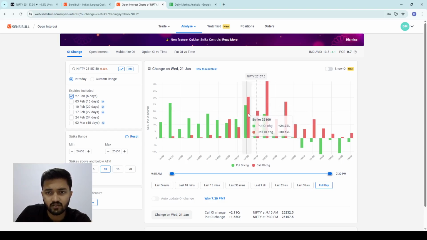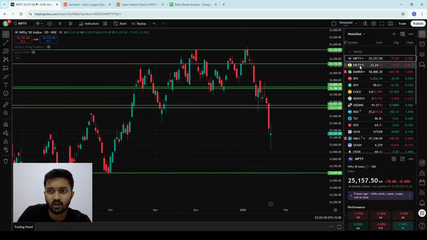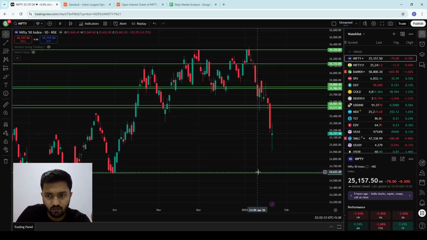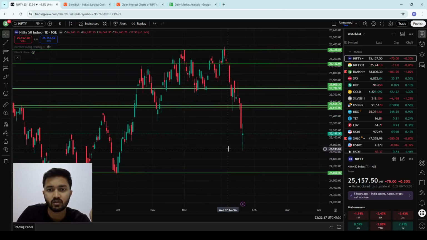On these strike prices also, if you could see some early signs of support the Nifty will take. Otherwise, the good support that I can see is at 24,700 and 24,900. And on the chart, 24,600 might see some sort of support from the Nifty's angle.